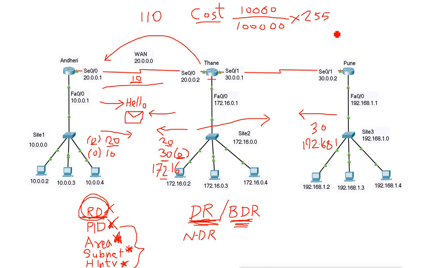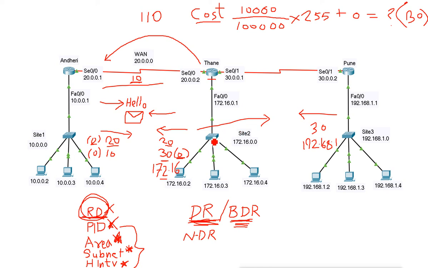Then it will add the cost sent by Thane, that is 0. So it will become the cost of this network 30. So whatever cost comes here, it will become the cost for that network, for example, network 30.